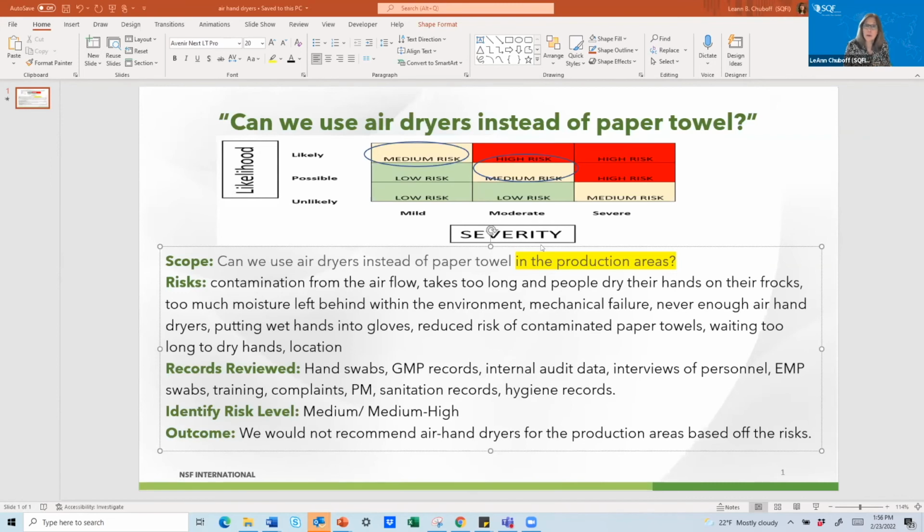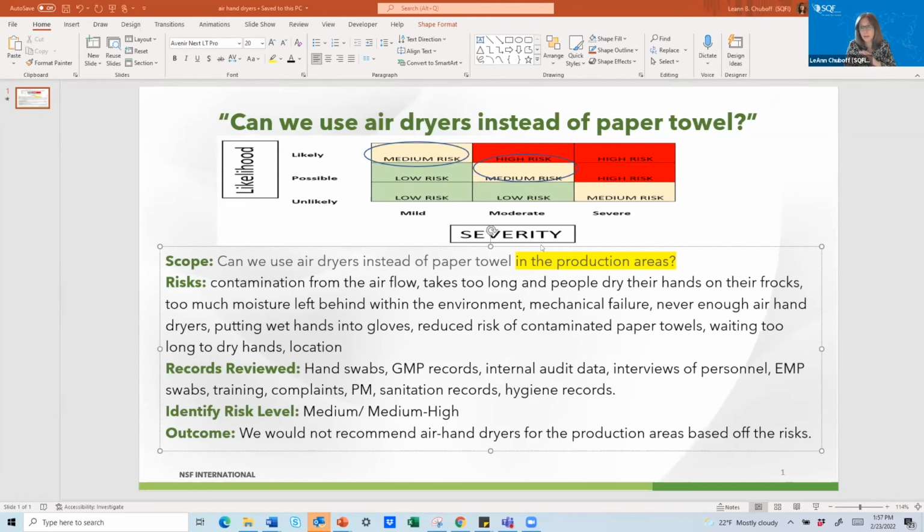Mechanical failure: paper towels don't fail, but what if your air hand dryer fails? There's never enough air hand dryers, and that was my Achilles heel: there's only one air hand dryer and 20 people to dry their hands. And then also recontamination, putting wet hands into gloves.